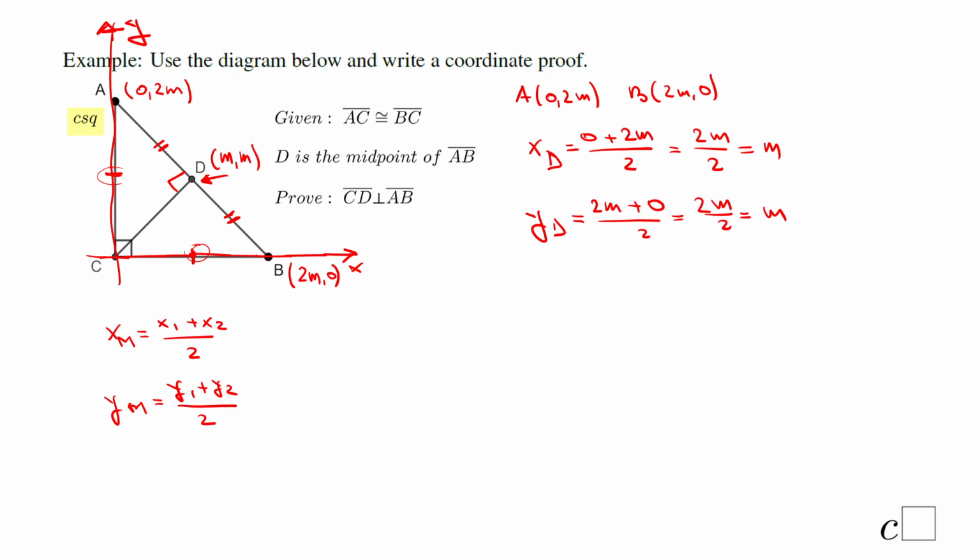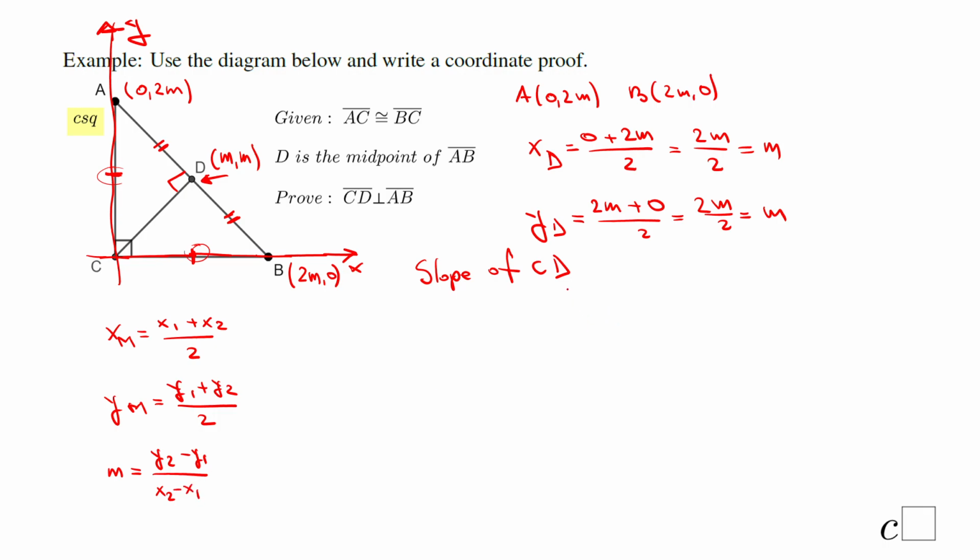So now we want to find the slope of segment CD, and I'll find AB also, and we're going to take a look at those two slopes. Slope of CD, if you remember, the slope formula says what? y2 minus y1 over x2 minus x1.